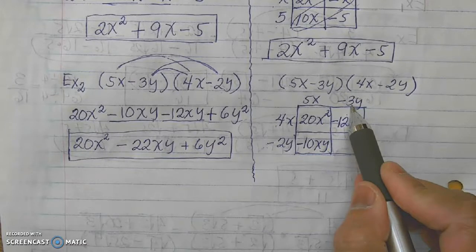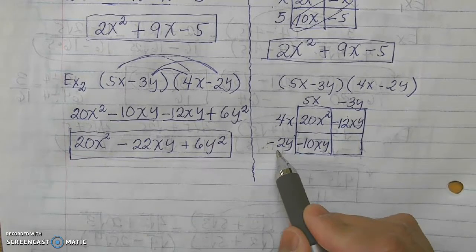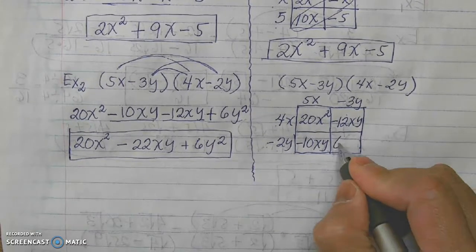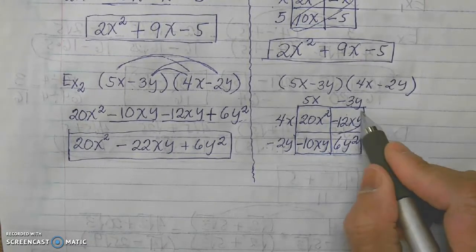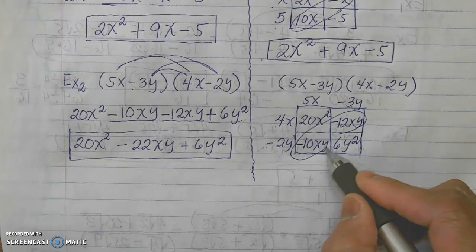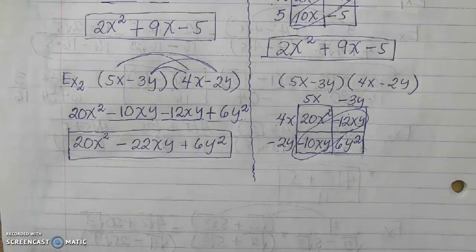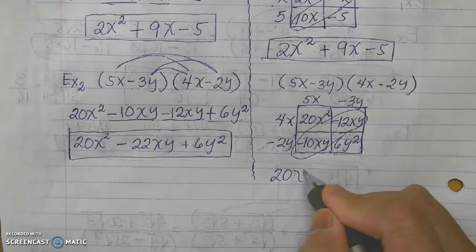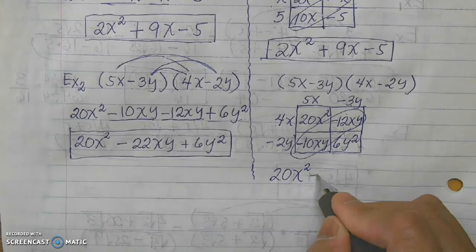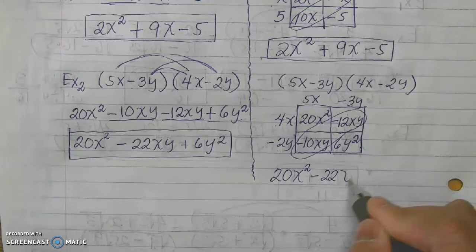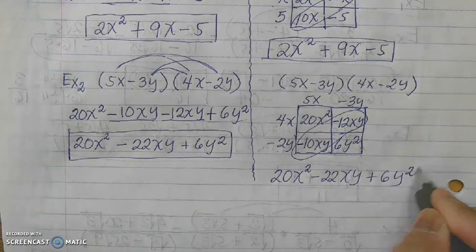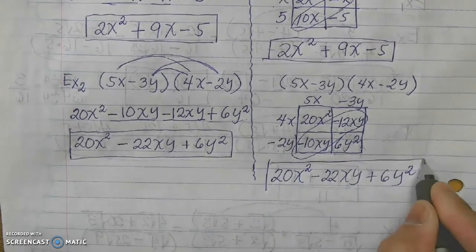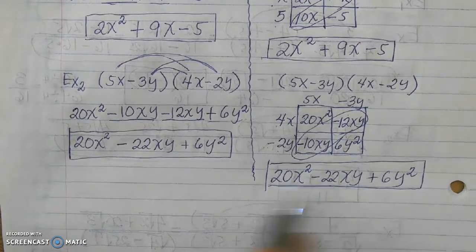Negative 3y times negative 2y is positive 6y squared. As you can see, these two can be combined together. Therefore, your final answer is 20x squared minus 22xy plus 6y squared. The same as the other one.